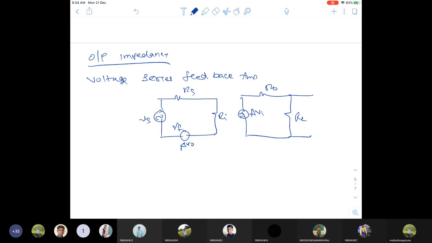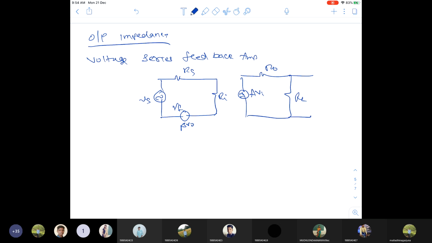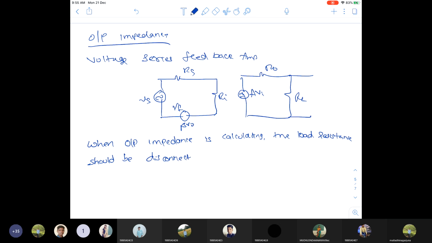Look, when we are calculating output impedance, remember one point: the load resistance should be disconnected, and the input signal should be kept constant.